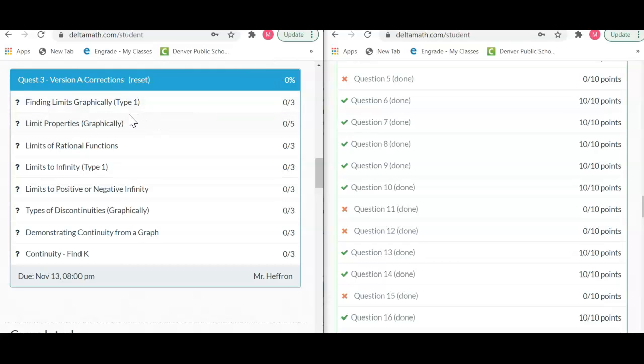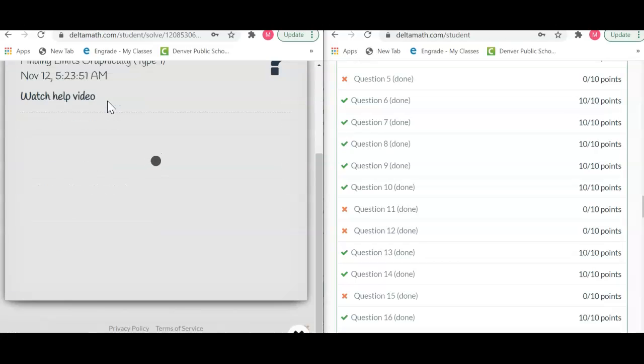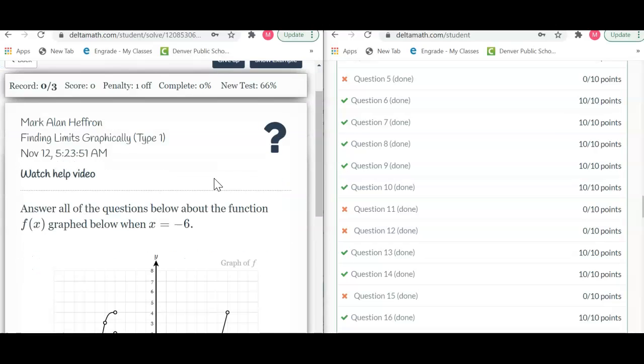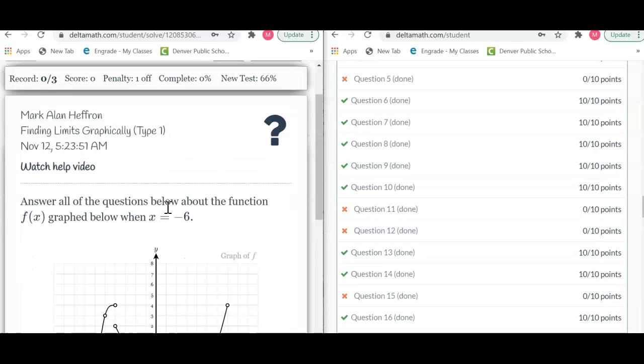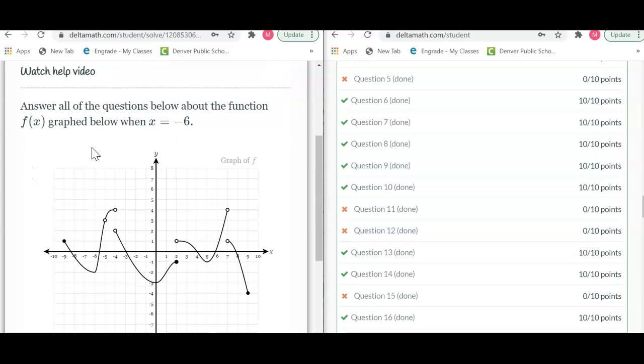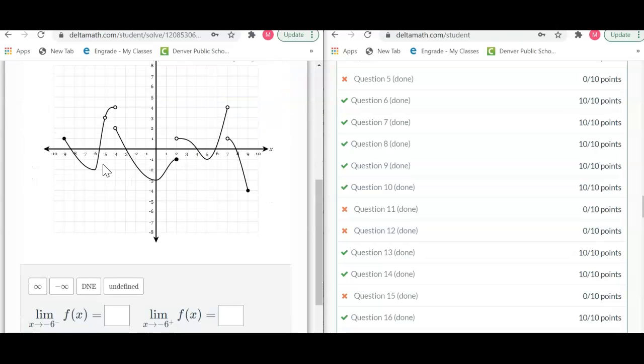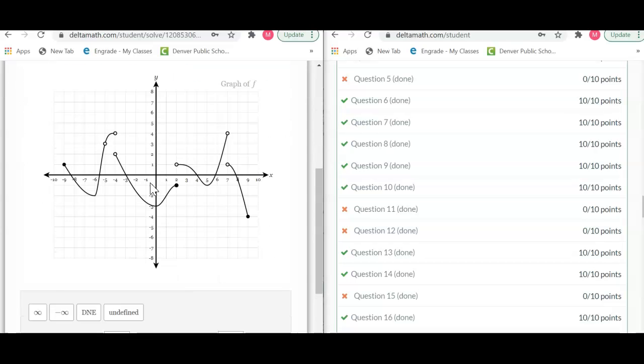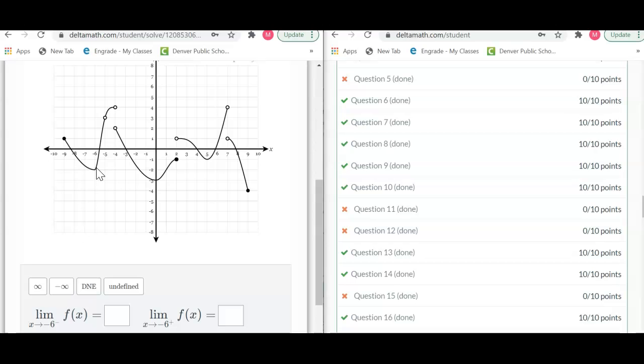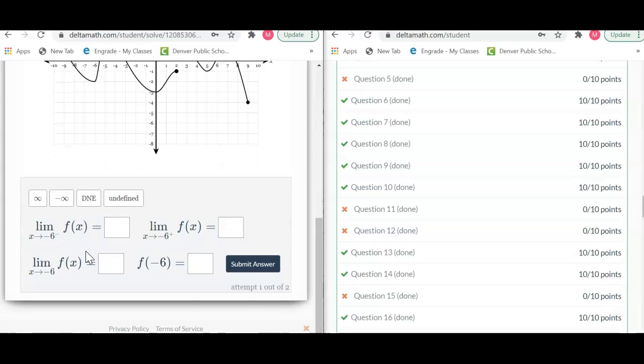As you go, we'll just do one here really quick. Here's my question. My test was a 66. It says answer all the questions below about the function graph when x equals negative 6. Well, when x equals negative 6, the limit from the left side is going to be negative 2.